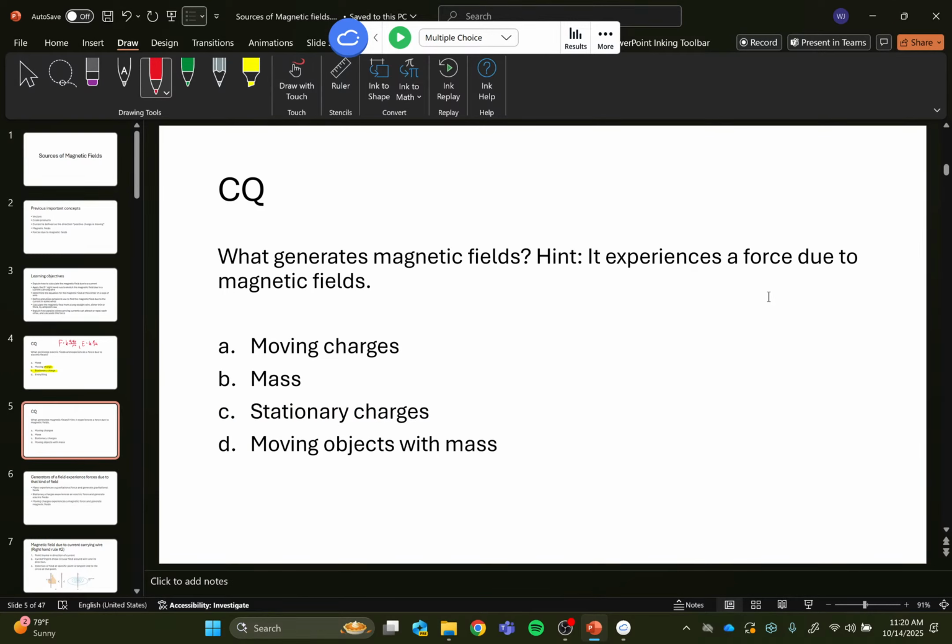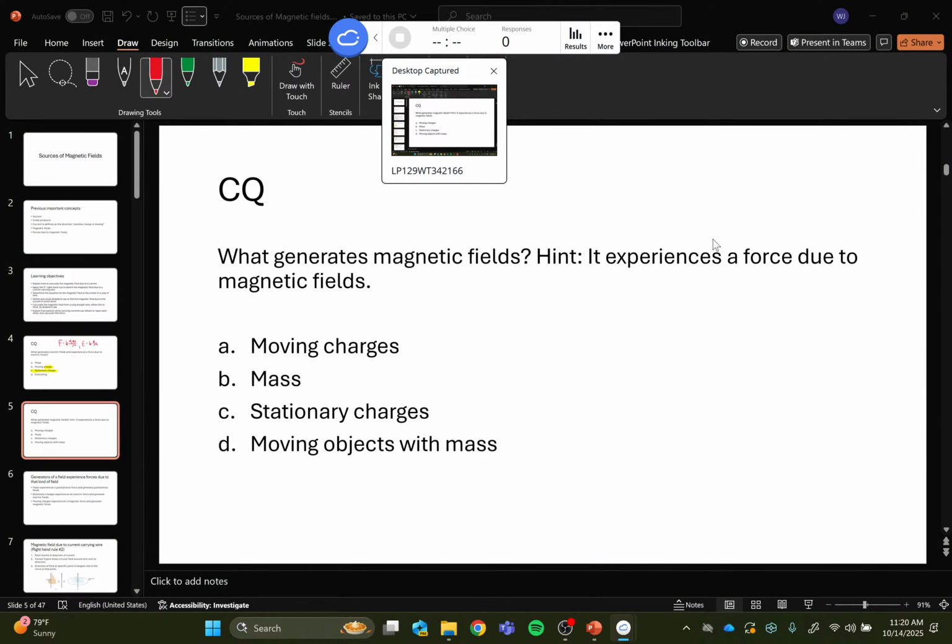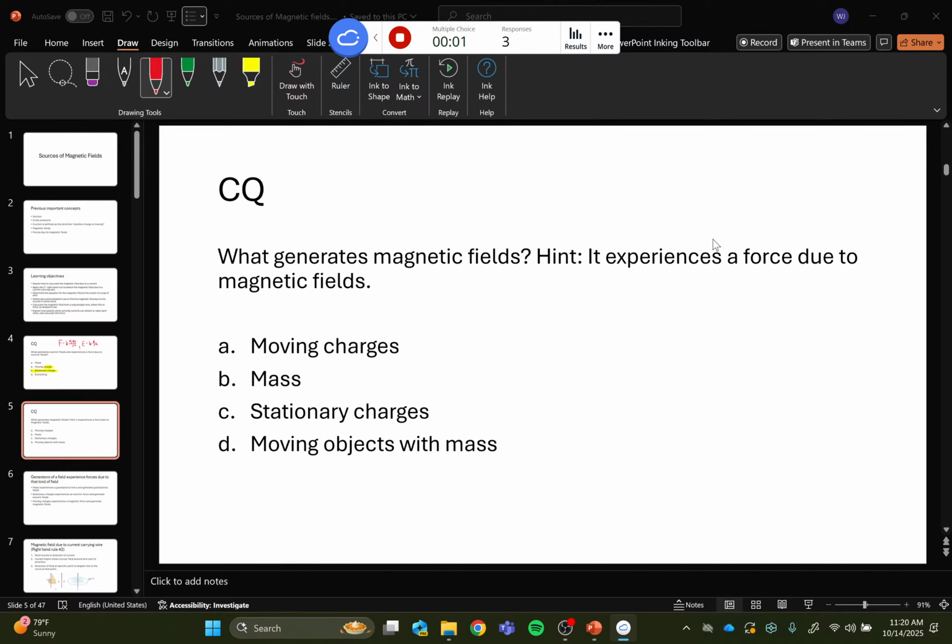So what generates magnetic fields? Hint, it's the thing that experiences a force due to magnetic fields. Is it moving charges, mass, stationary charges, or moving objects with mass? So from this last week, what were the things experiencing a force due to a magnetic field?